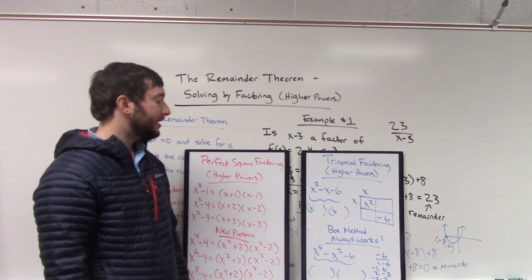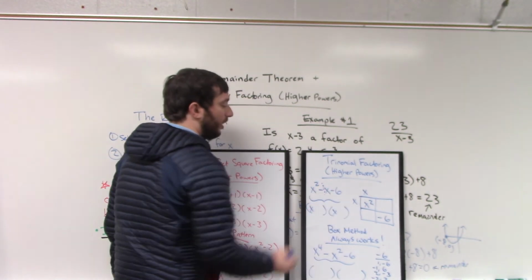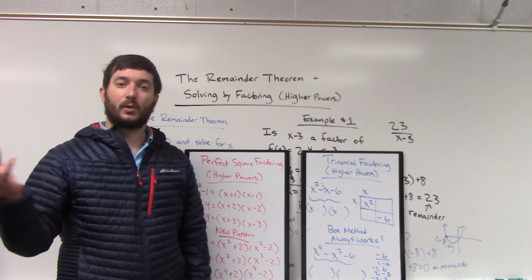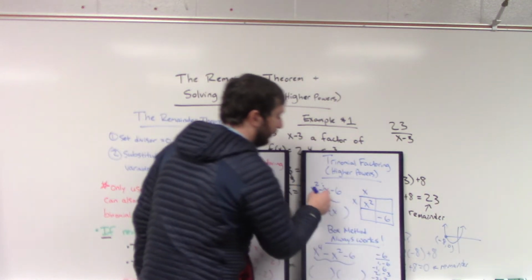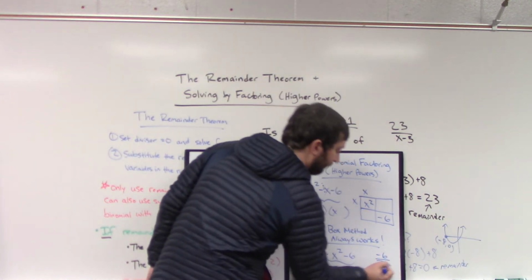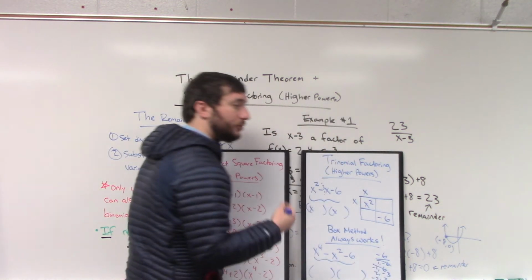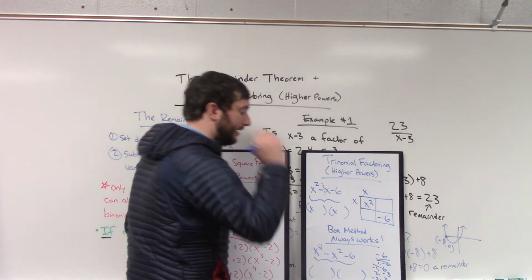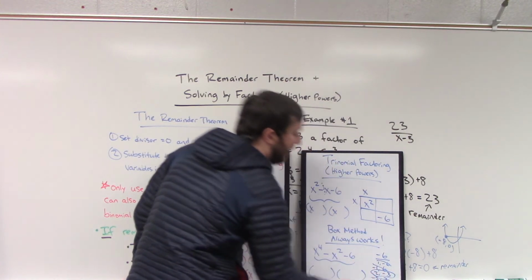And the way that you see that is by asking, what plus something or what minus something equals -1 here? Does 1 minus 6 equal -1? No. Does -1 plus 6 equal -1? No. 2 minus 3? Aha, that does equal -1. 3 minus 2 does not.